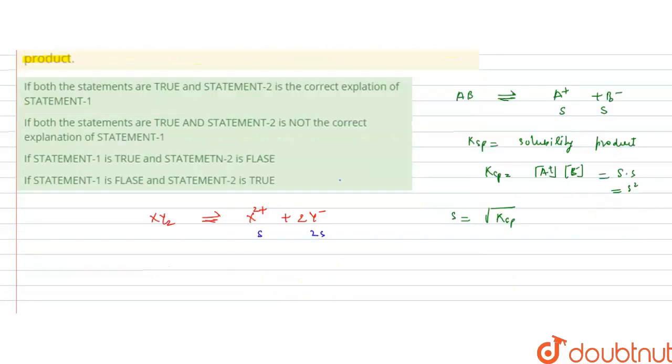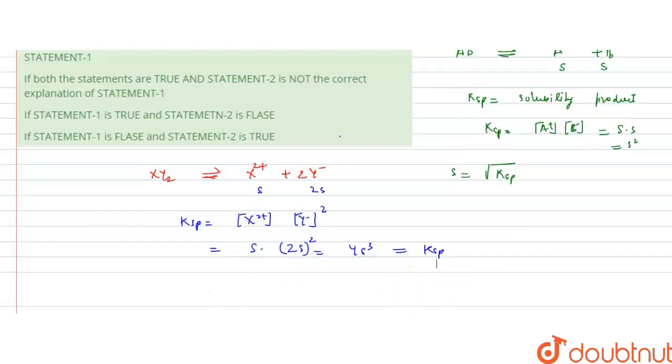Now its Ksp will be the concentration of X2 positive into the concentration of Y negative raised to the power of its stoichiometric coefficient, so it will be S into 2S square. So this will be 4S square into S, that is 4S cube, that is equal to Ksp.